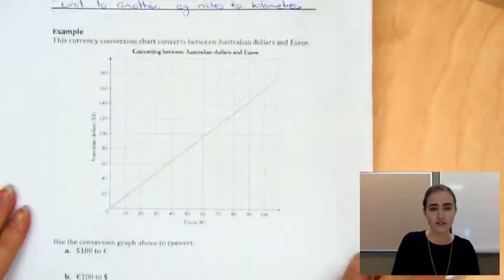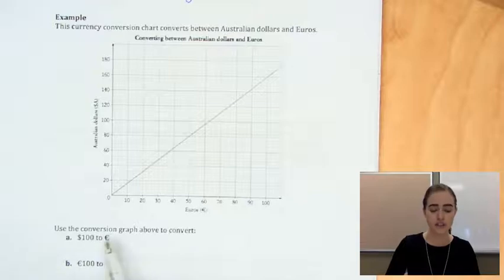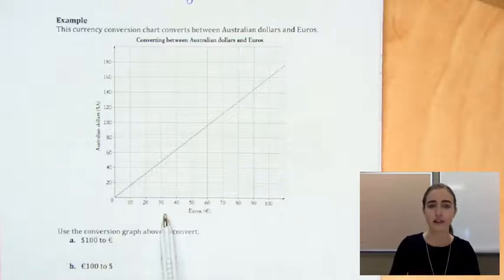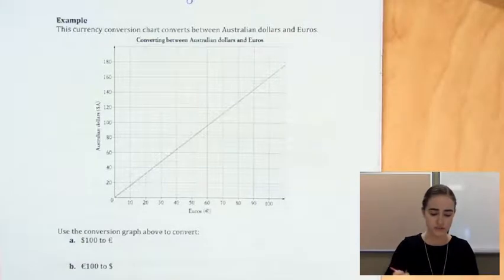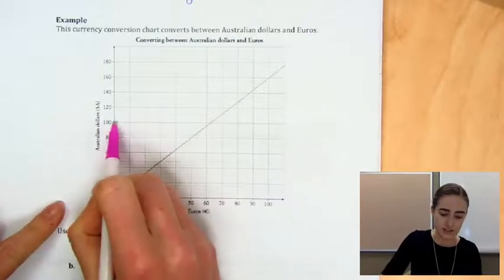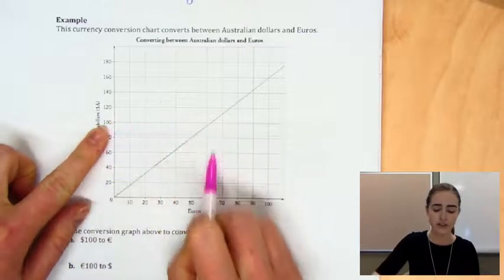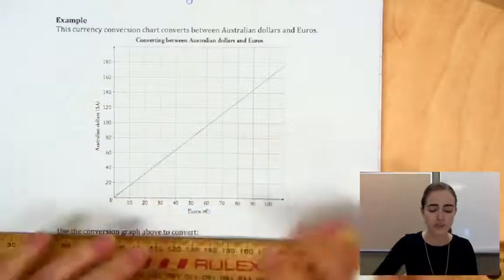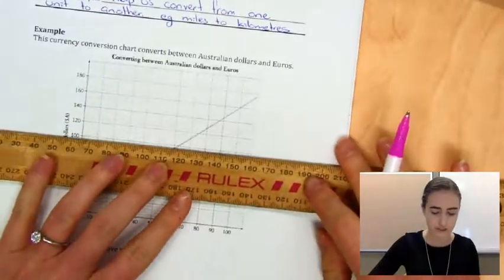All right, so the first question asks us to convert 100 Australian dollars into euros. So our Australian dollars are up this axis and our euros are across this horizontal axis. So 100 Australian dollars is just here. So to convert that to euro, we're going to go straight across from there and then drop straight down and read off the number on this axis. So sometimes it's got grid lines, sometimes it doesn't, but it's always a good idea to draw your lines in.